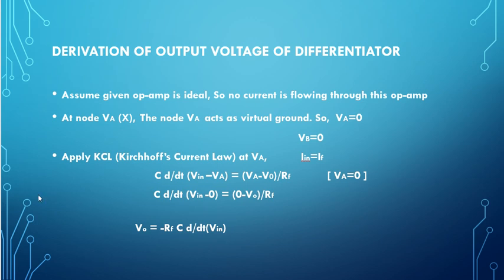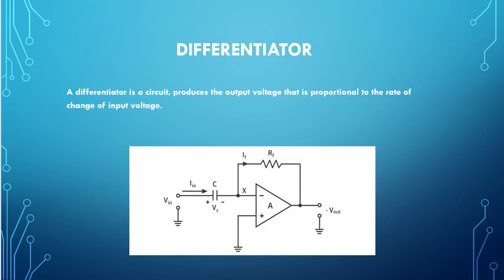Then apply KCL, Kirchhoff's current law at VA. At node VA, the current I in is flowing through this branch from here to here.